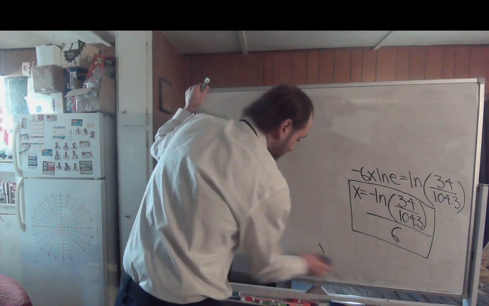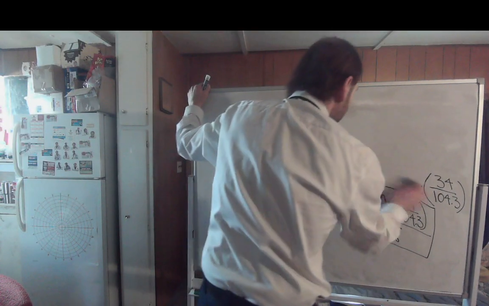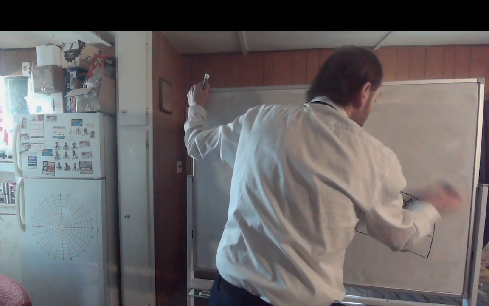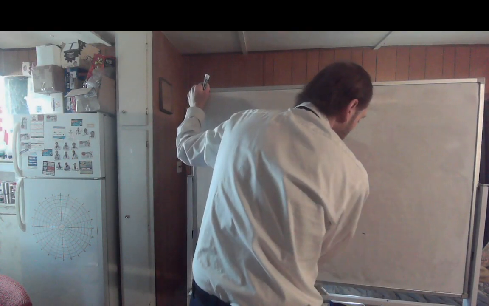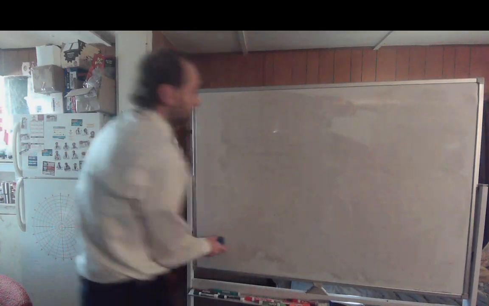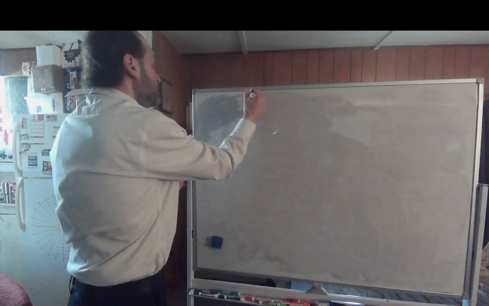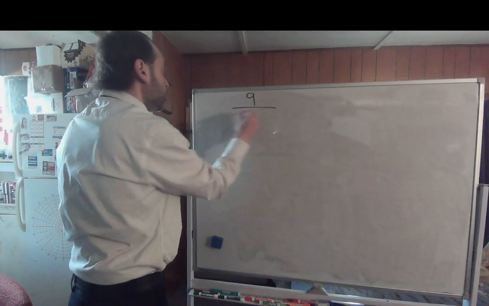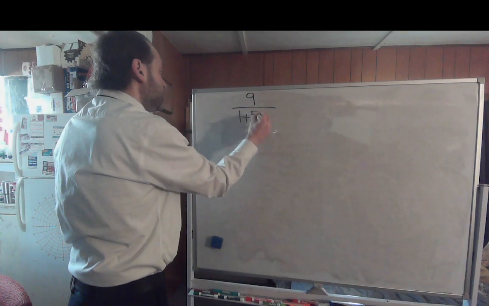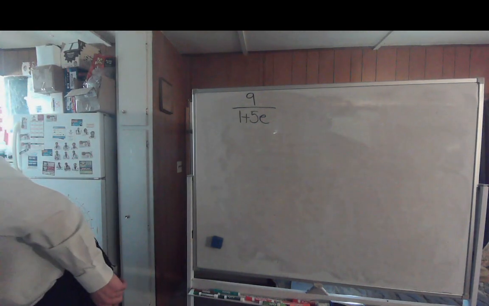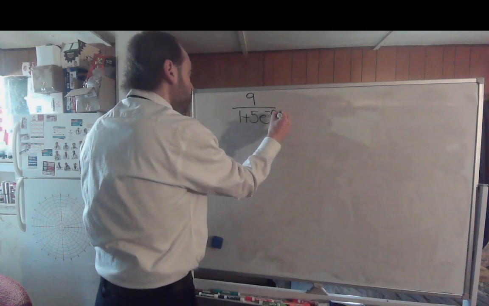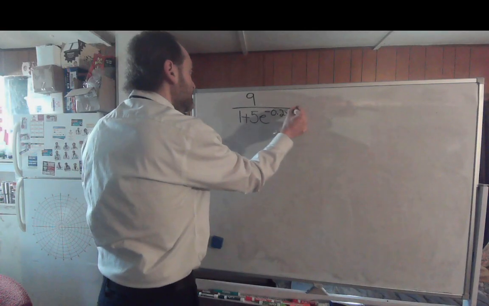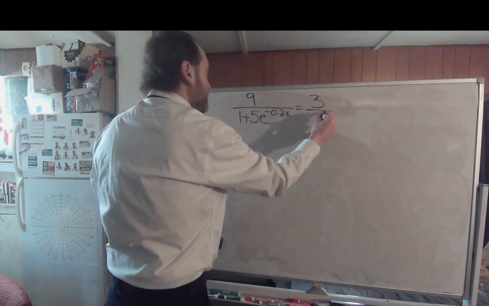About 2 more. All right. 9 all over 1 plus 5e to the negative 0.2x equals 3/4.